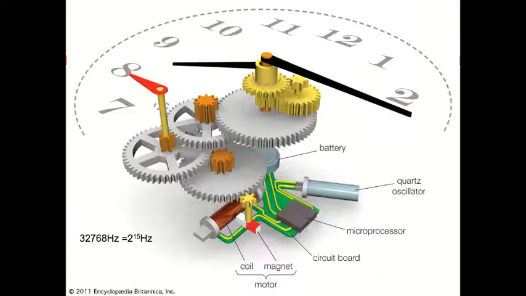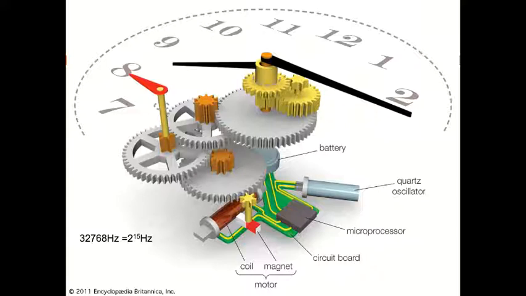What will quartz do? If we compress the quartz, or if we try to make it oscillate, this quartz crystal will produce electrical signals. They call that the piezoelectric effect.